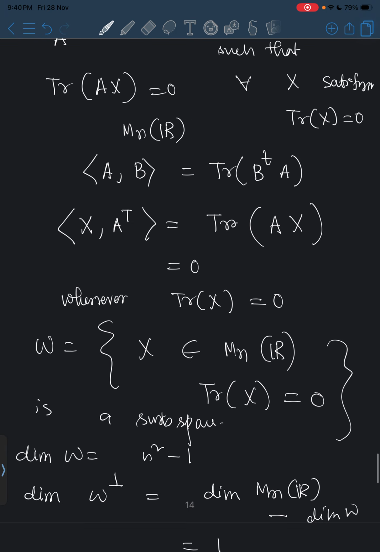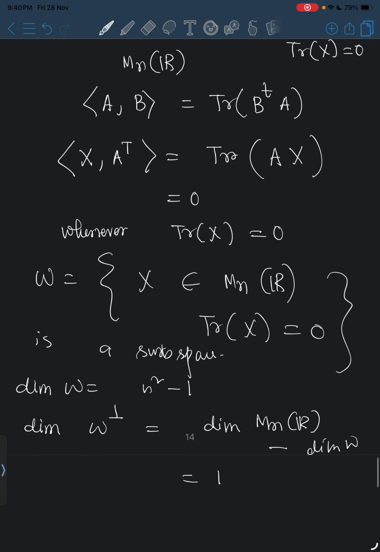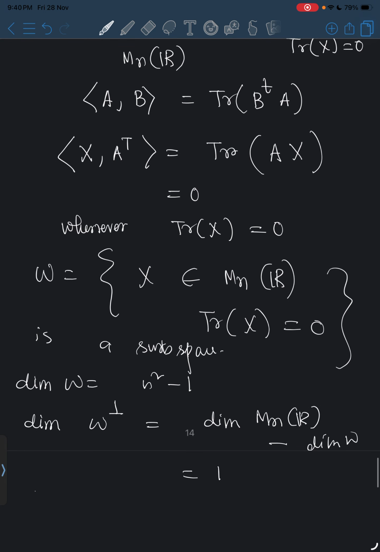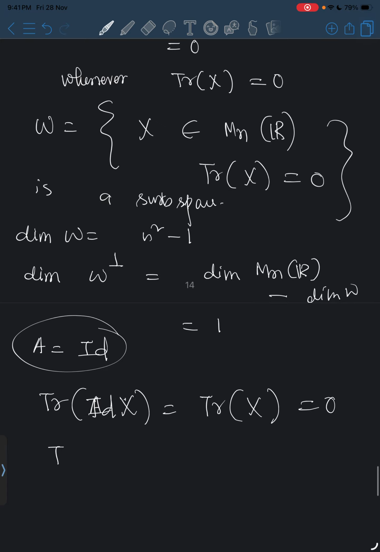W perp is 1 dimensional, right? And if you take A equal to the identity matrix, then trace of identity times X equals trace of X equals 0. That means the identity matrix is in the orthogonal complement already.